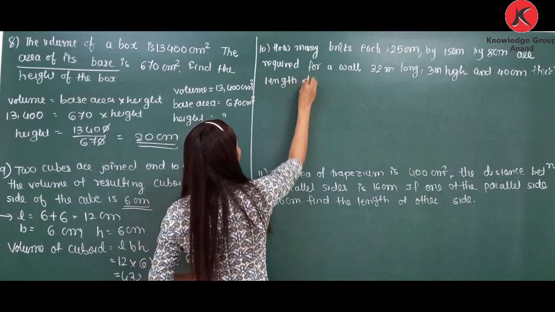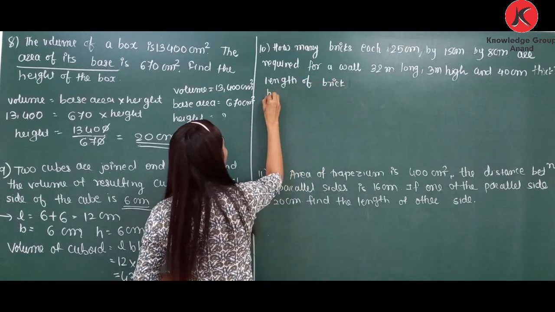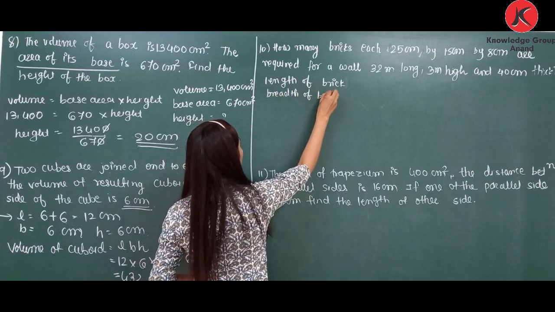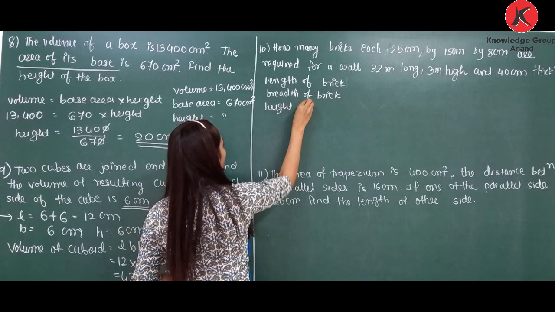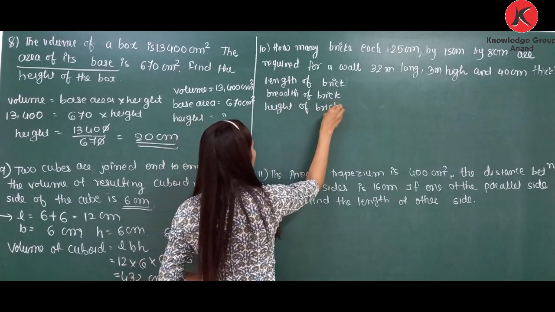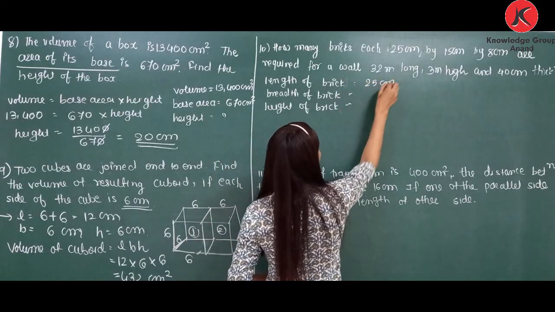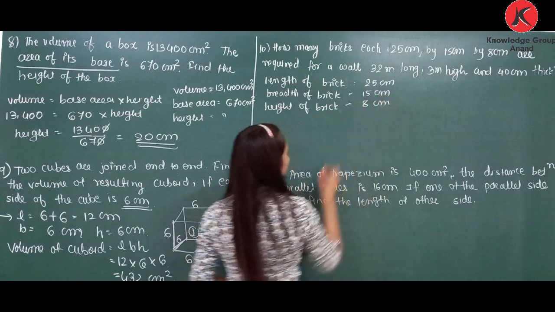Length of brick, breadth of brick, and height of brick, so that is 25 centimeters, 15 centimeters and 8 centimeters.